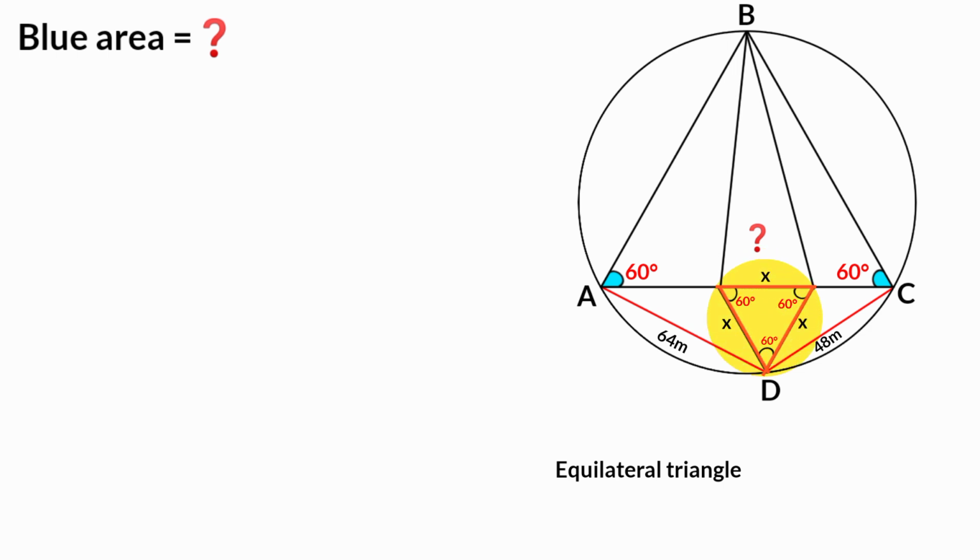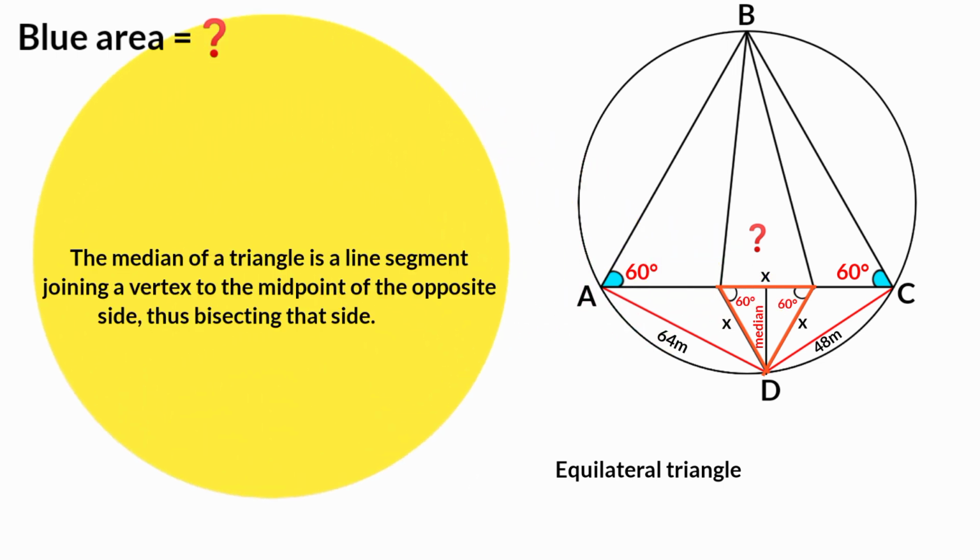Now still on this triangle, let's draw out its median from this vertex here to this side. The median of a triangle, we know, is a straight line from any vertex which bisects the opposite side. That is, this side is bisected.